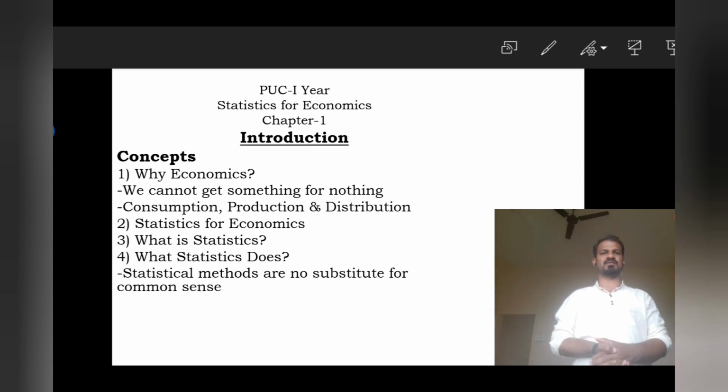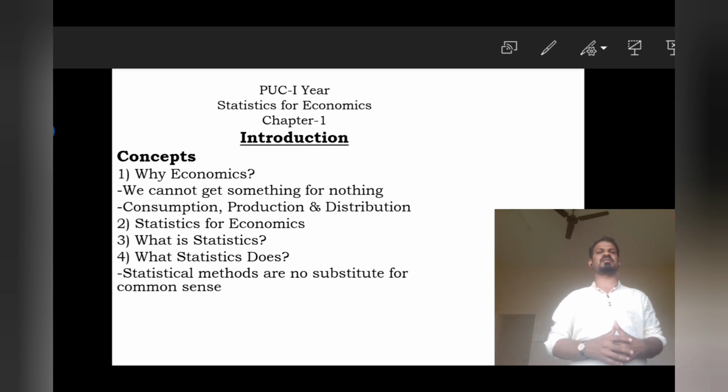In that, they have said statistical methods are no substitute for common sense, meaning that we cannot use statistics everywhere. We cannot use statistics as our common sense.